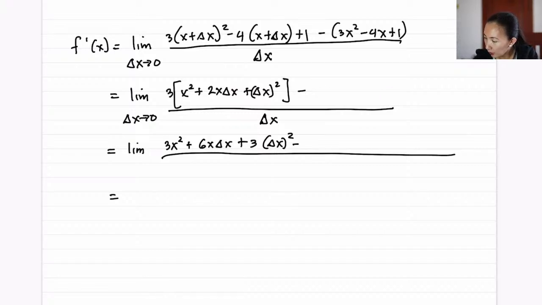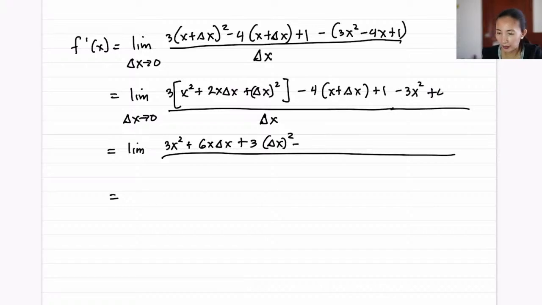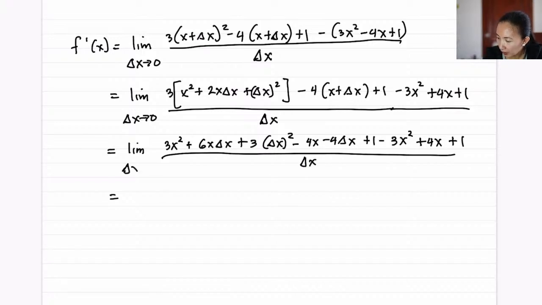Minus 4 times the quantity x plus delta x plus 1 minus 3x squared plus 4x plus 1. I think this is complete now. Okay, minus 4x minus 4 delta x, plus 1 minus 3x squared plus 4x plus 1 over delta x as delta x approaches 0. Any terms that can be cancelled out?